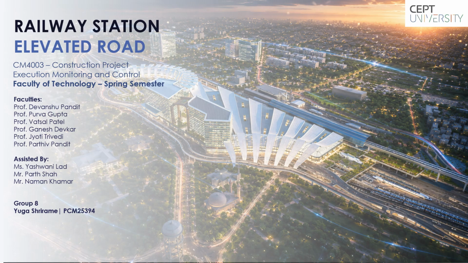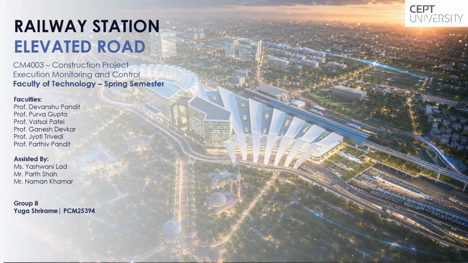As a part of the studio of construction project execution, monitoring, and control, the studio involves understanding of the construction methodologies by observations from the site, sequencing of the activities, how the coordination between the stakeholders goes on site, and the real-time site challenges.